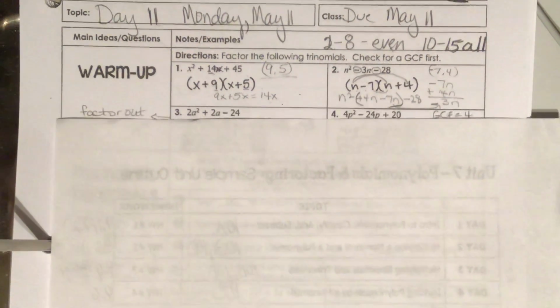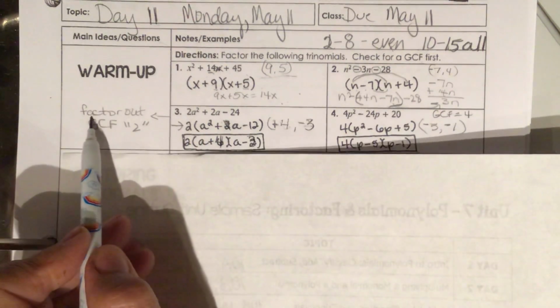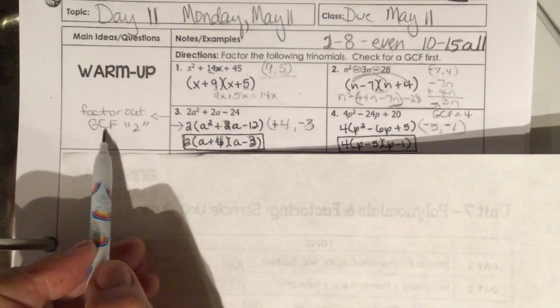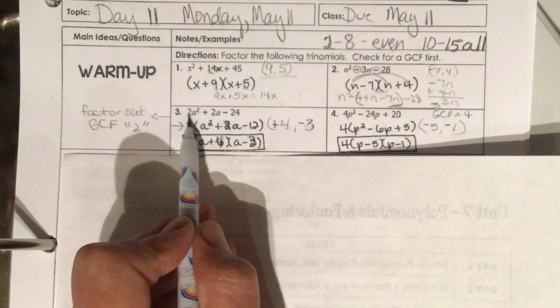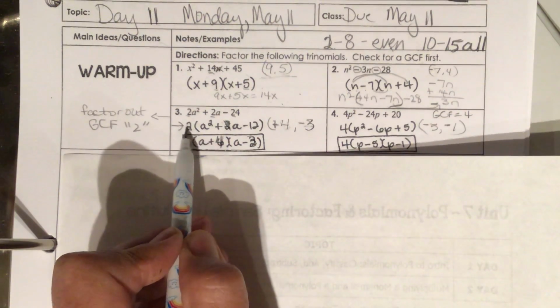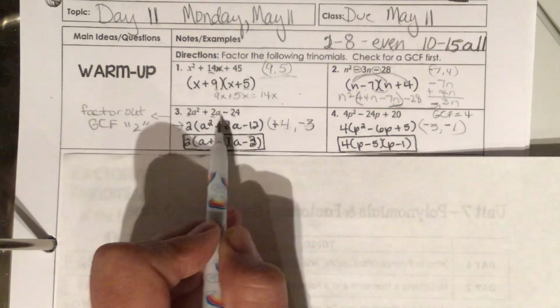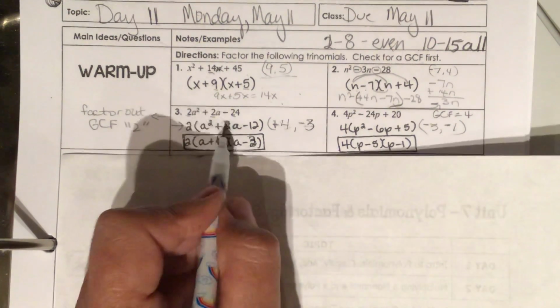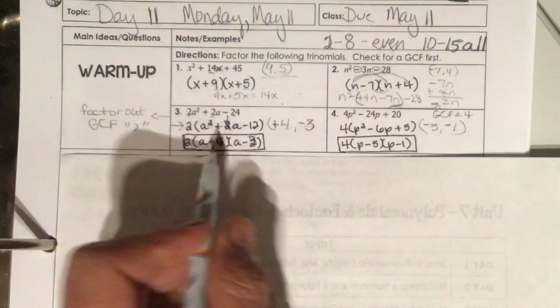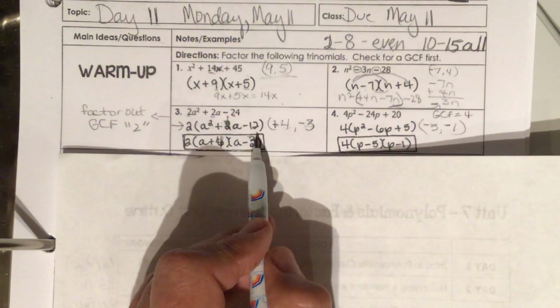Okay, let's look at number 3. In number 3, we talked about factoring out the GCF, or the greatest common factor. We see that all of these are even, so we can factor out a 2. So 2 goes into 2 one time, leaving us an a squared. 2 goes into 2a one time, not a 2. That should be a 1a, or just an a. And 2 goes into 24 12 times.